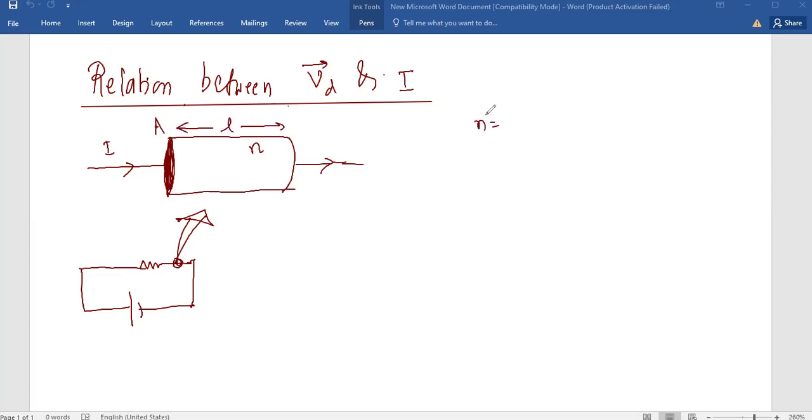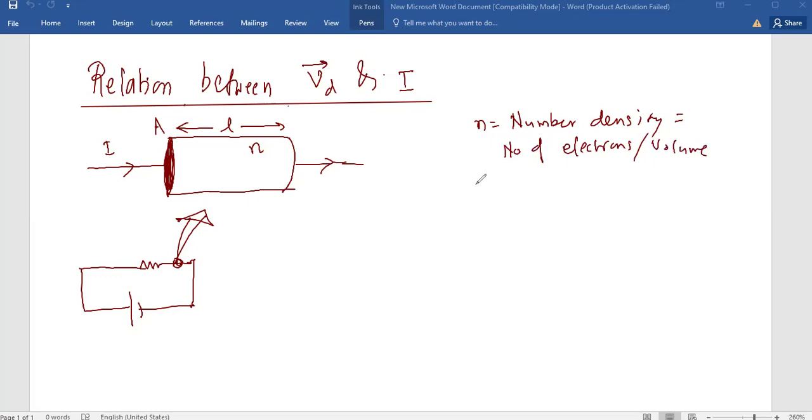So small n denotes number density of electrons, which means number of electrons per unit volume. Right. Now we want to calculate what is the total number of electrons in this given part of the conductor.